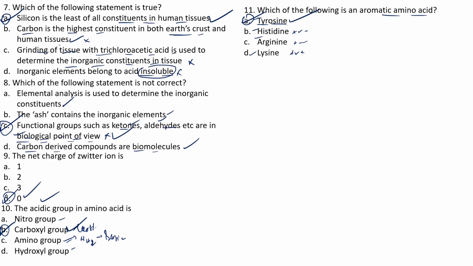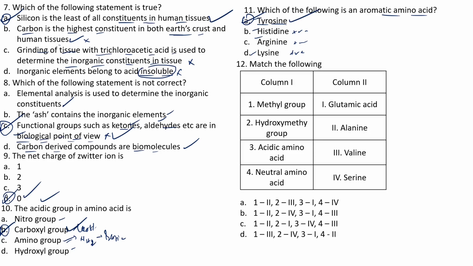Now, moving on, match the following. We are having 2 columns, that is column 1 and column 2. The first column we are having is the methyl group, hydroxymethyl group, acidic amino acid, and a neutral amino acid. The column 2 we are having is the glutamic acid. The next one we are having is the alanine, and the valine is the third option.